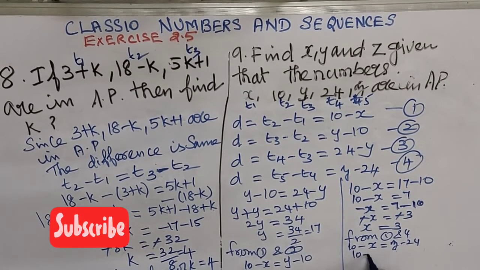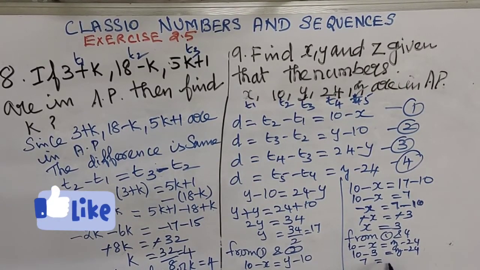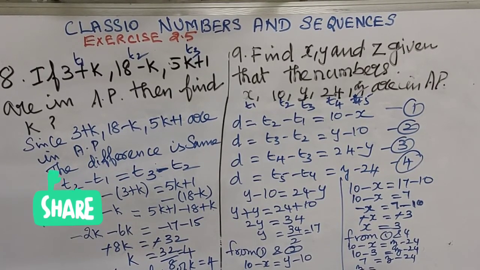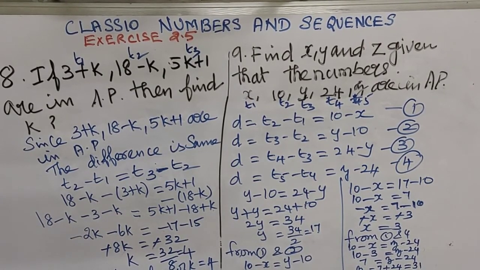Substituting the value of x as 3, 10 minus x equal to z minus 24, so 7 equal to z minus 24. So z equal to 7 plus 24. So that is 31. So the value of z is 31.